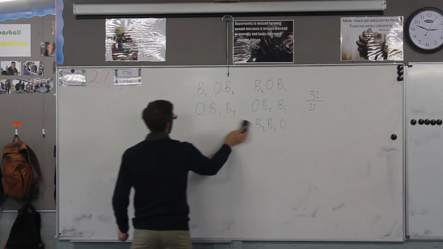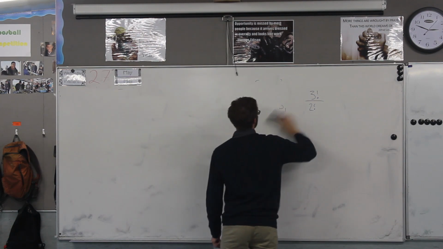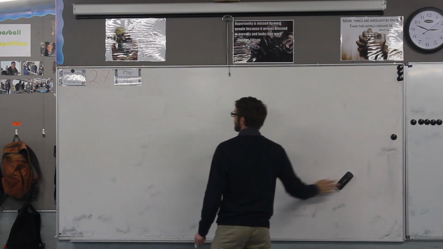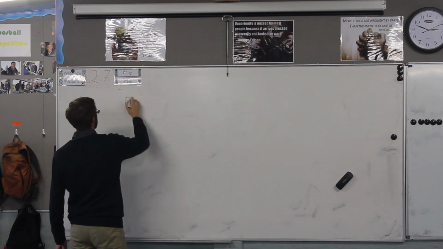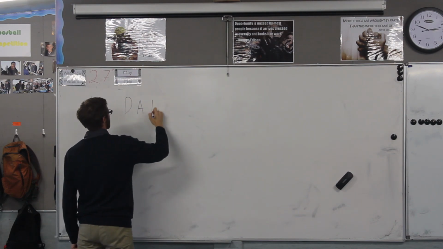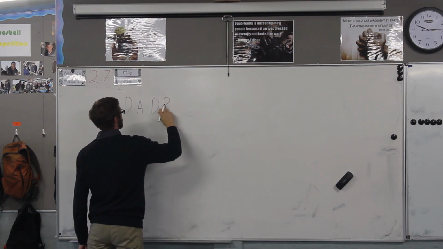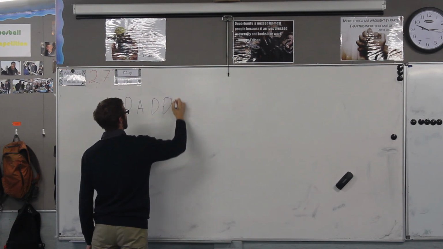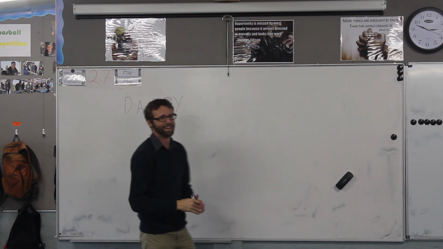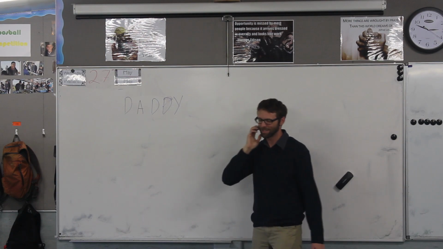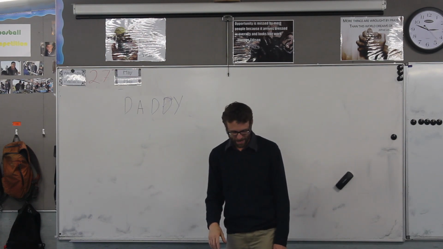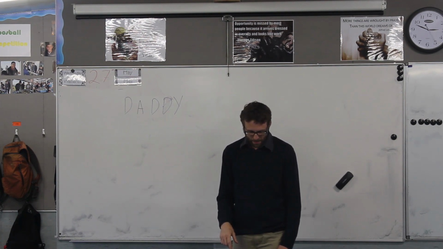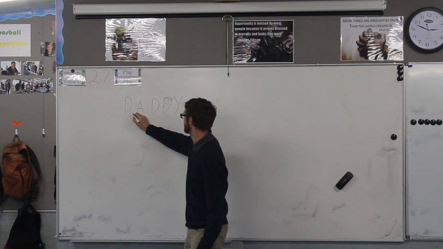Okay? Now we can apply this to something slightly more complex. So instead of Bob, let's talk about, whoop, I can't even spell, Daddy. Alright. We're not going to do all of the options for this because we'd be all day. But why don't we number these?